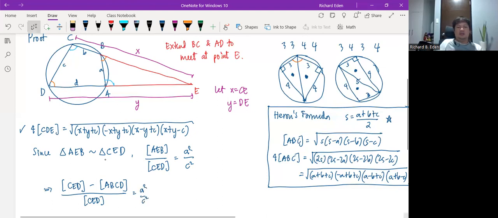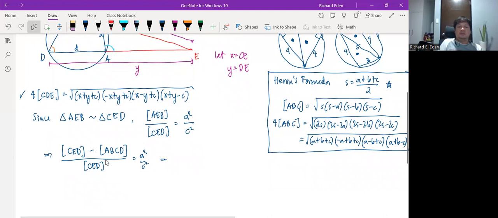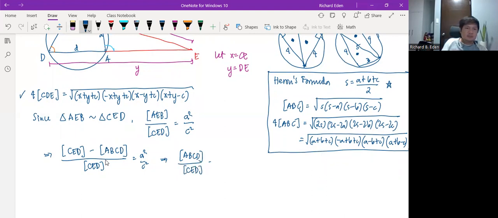Okay, so ano nung conclusion dito? ABCD over CED. Tama ba algebra ko? This would be 1 minus a squared over c squared.